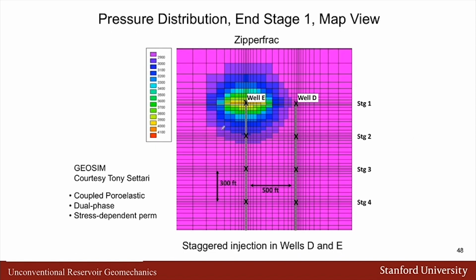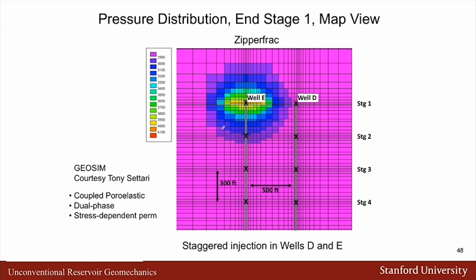What I believe is going on is that in addition to the opening of the fracture, which is causing this stress shadow, there's a poroelastic change. In other words, the pore pressure is changing around the hydraulic fracture, and that change in pore pressure is changing the stress as well.